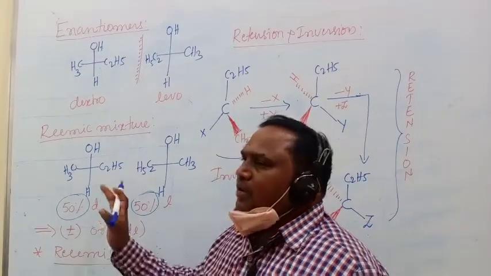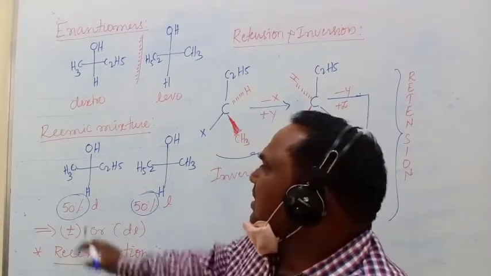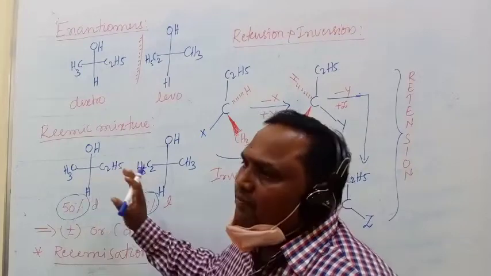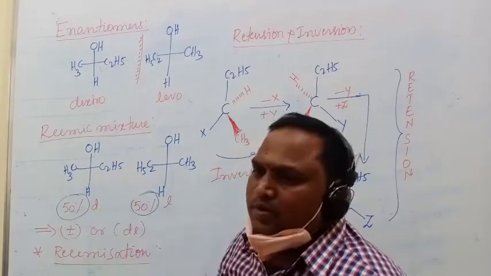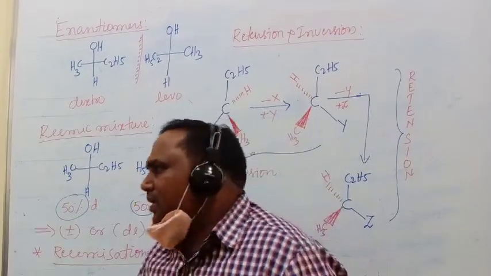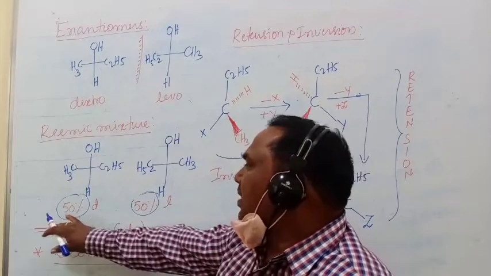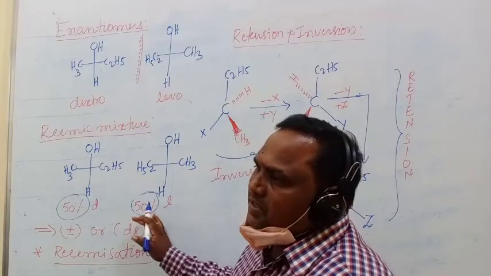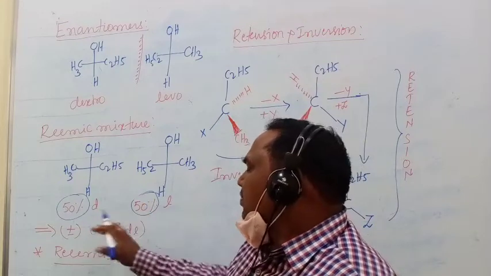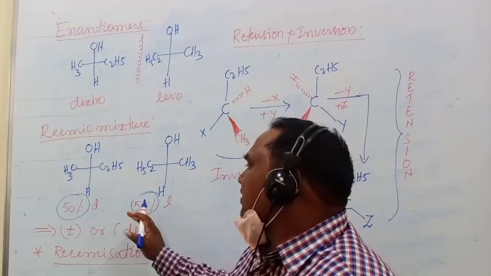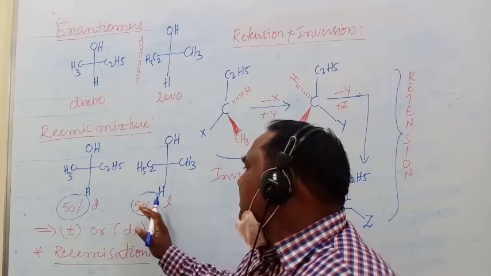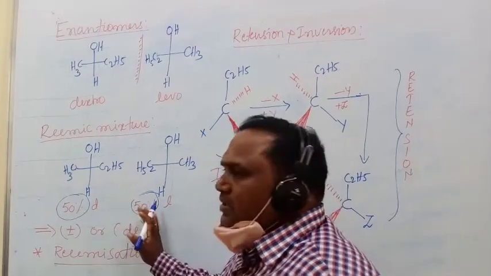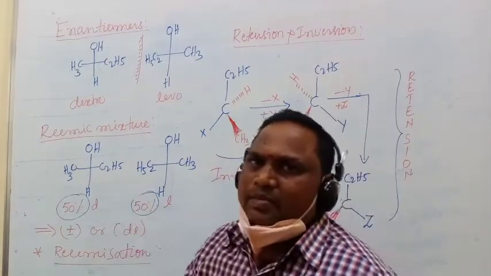For example, in some chemical reactions, the two isomers may not form in an equal ratio. One isomer may form 40%, another isomer may form 60%. So in this process, we are converting this enantiomer mixture into 50% each by doing some other chemical reactions.